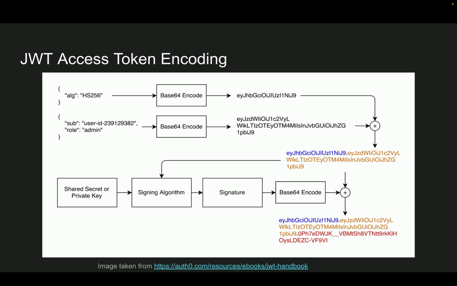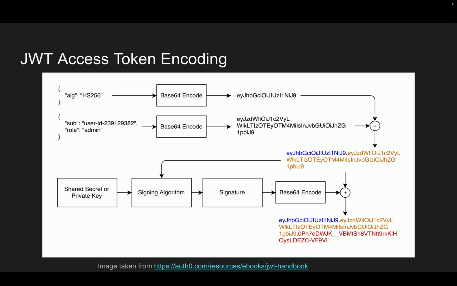There are many algorithms by which we can sign the data, and that algorithm we need to specify in the header. Here you can see we are specifying the algorithm HS256. That means we are using the SHA256 with RSA algorithm to sign the data.